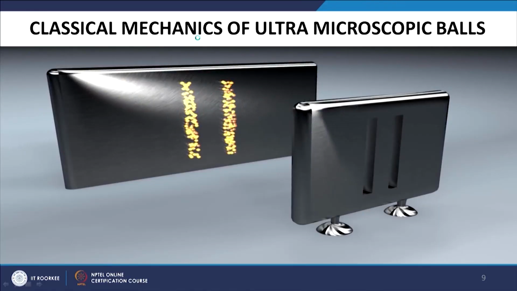We have two screens. The screen on the extreme left is a detector screen, where we have arrangements by which the collision on the screen by a particle can be detected. In front of that, there is another screen on which we have two rectangular slits, vertical rectangular slits.